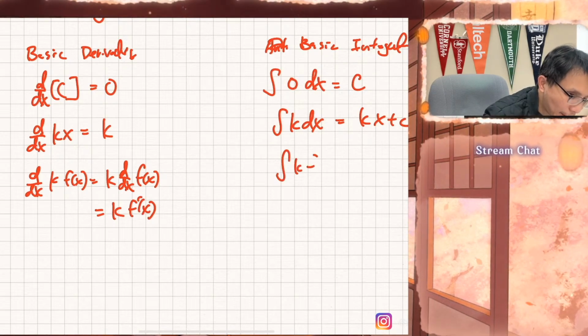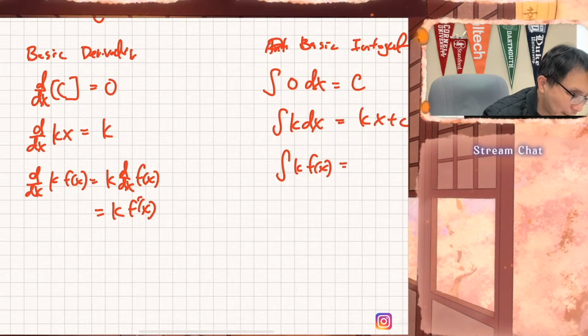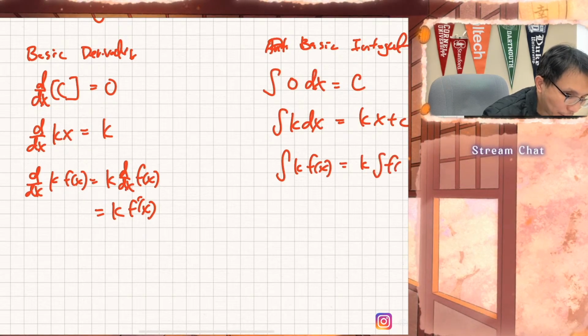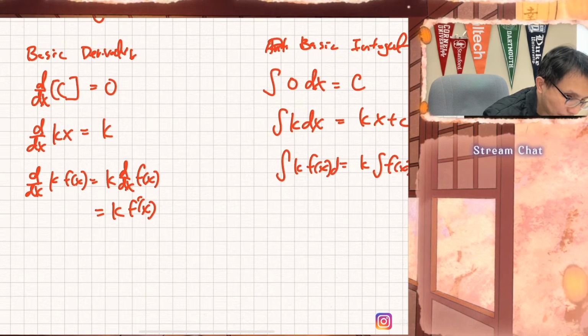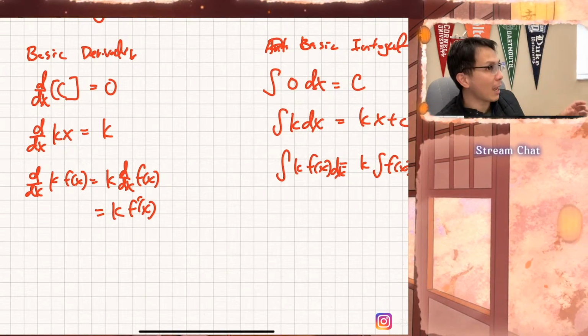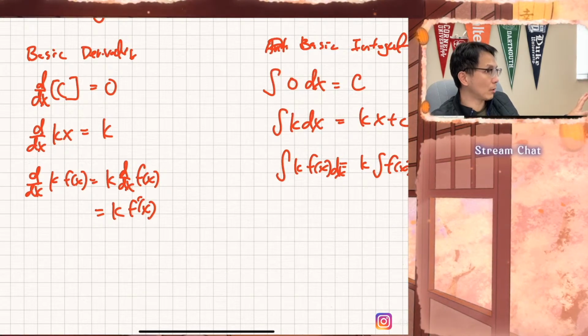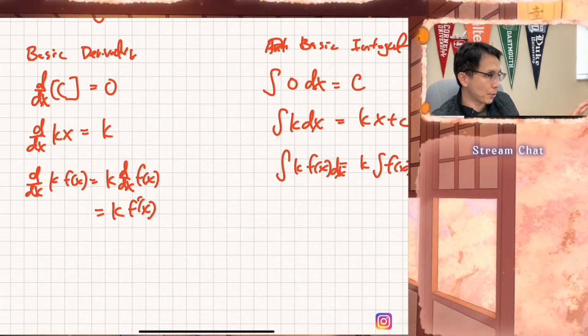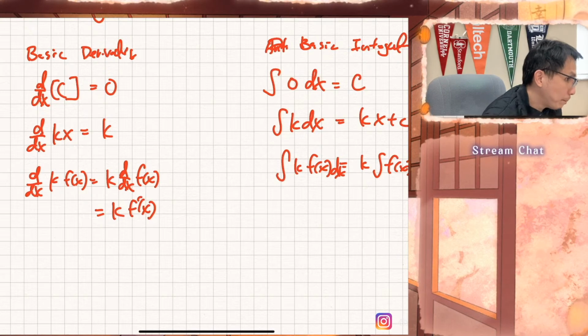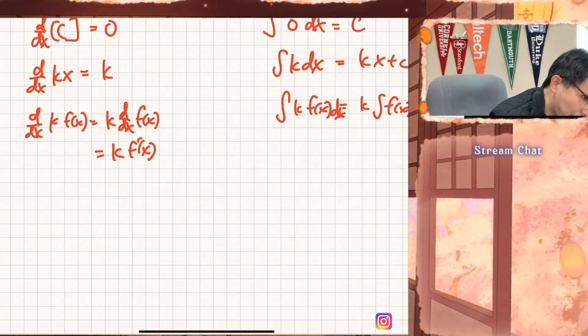Integration of k f(x) dx just means k times the integration of f(x) dx. So you can take a k out of a derivative, and you can take a k out of integration as well. Very, very useful, and very, very easy.